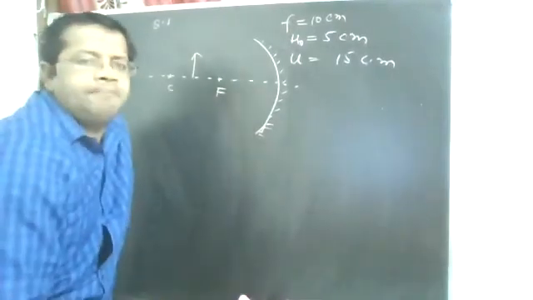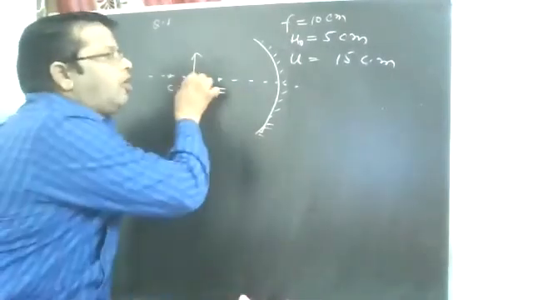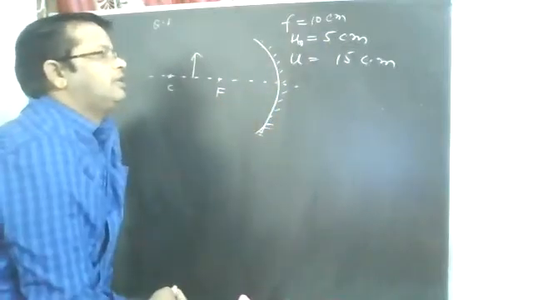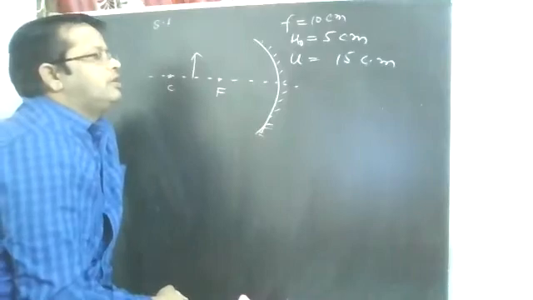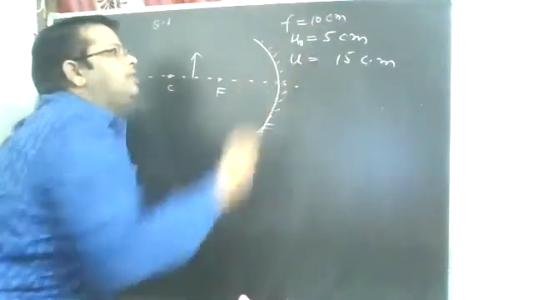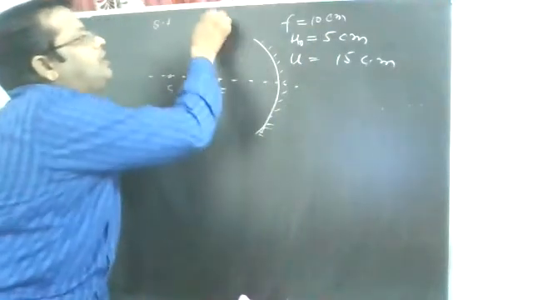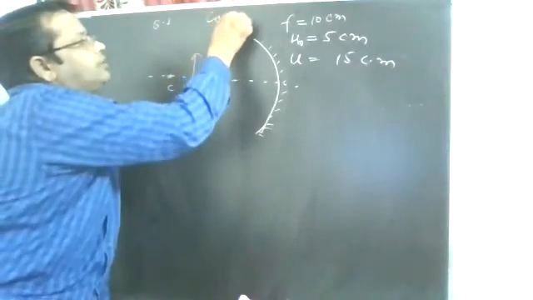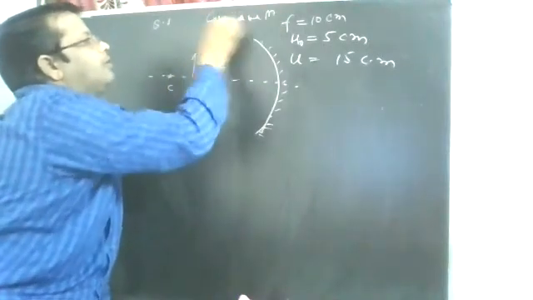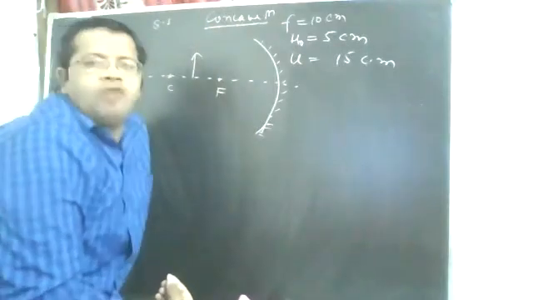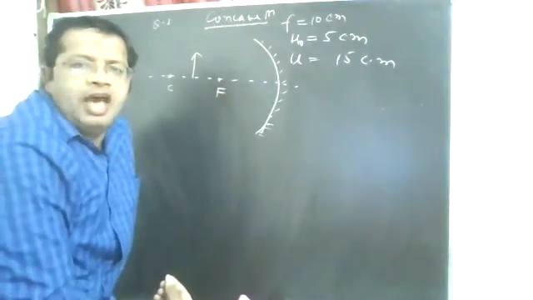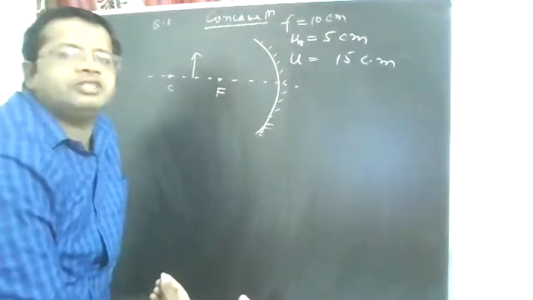What is the question here? An object of height 5 centimeter is kept in front of a concave mirror of focal length 10 centimeter, and the object distance is 15 centimeter.